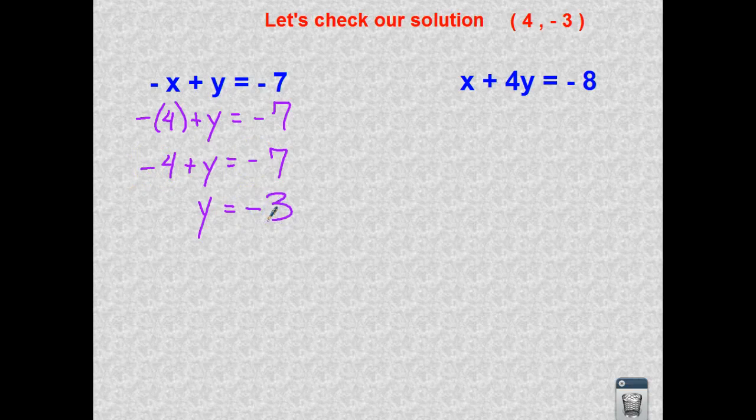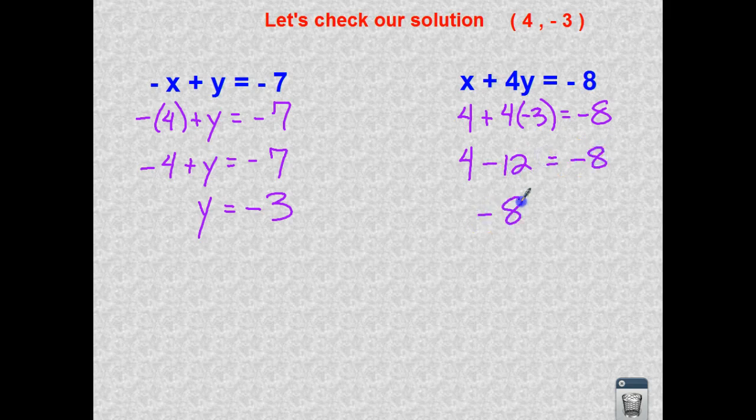Okay, and then the one on the right, x is 4 plus... so we have 4 minus 12 is equal to -8, so we have -8 equaling -8. And let's go back to that first one.